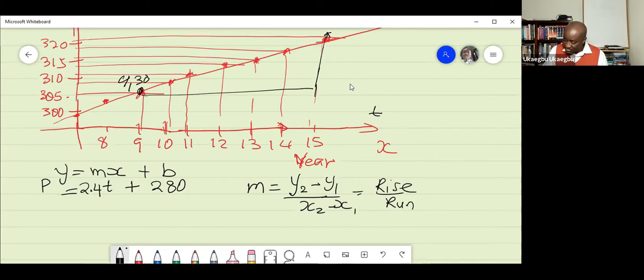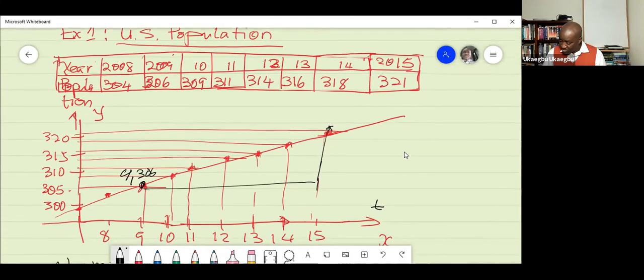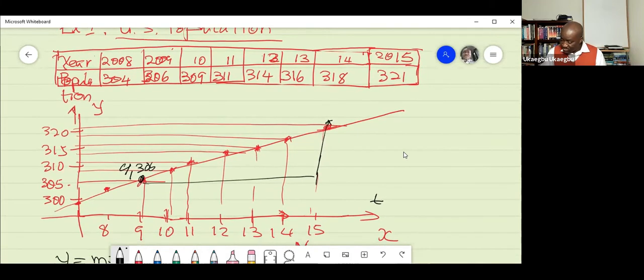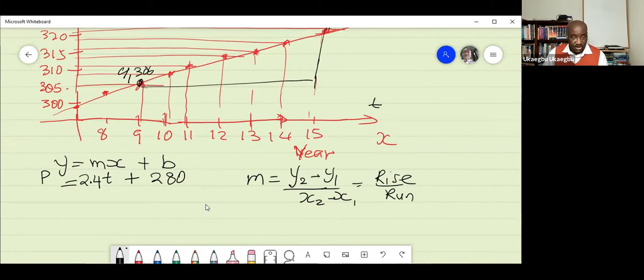Probably 306, something like that. While here, you can actually pick the points from the table, the 2 coordinates, and use it to get your slope. All right.